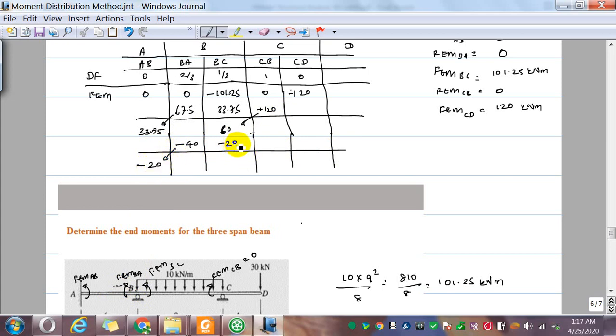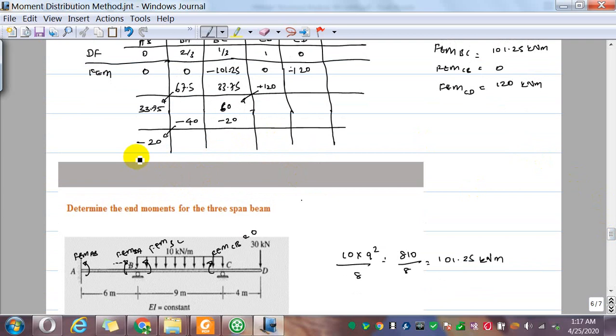And this BC will not have a carryover to the support C because support C is assumed to be pin. So now there are no other moments in any other support B or C, so now this iteration can stop.